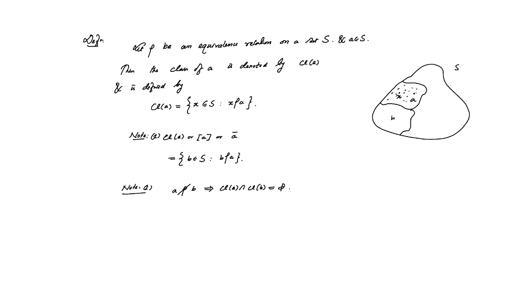So here is B, A and B are not related, so the class of B and the class of A are completely disjoint. Whereas if A is related to B, that implies these classes are identical. Class A and class B will be the same. Here I am using one symbol for related and another symbol for not related.